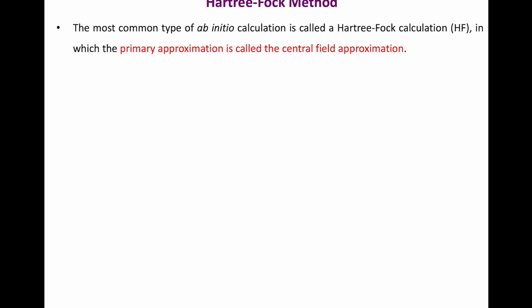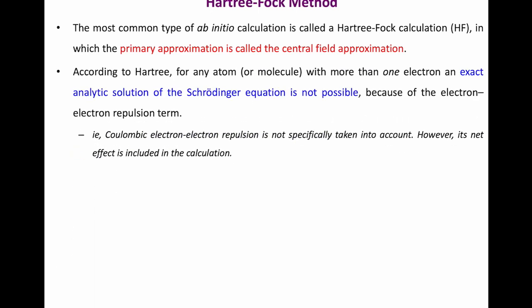And in the Hartree-Fock method, we use various approximations for the ab initio calculation. The most common type of ab initio calculation is the Hartree-Fock calculation, in which the first primary approximation is known as the central field approximation. We already spoke about the Hartree method and Fock method.